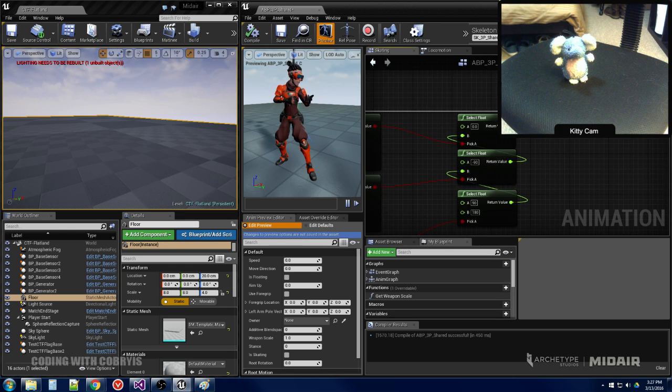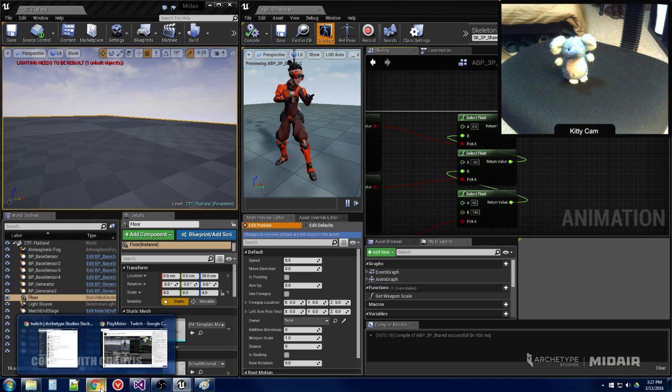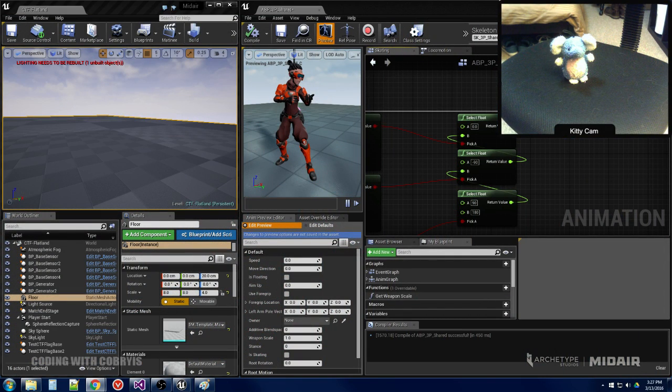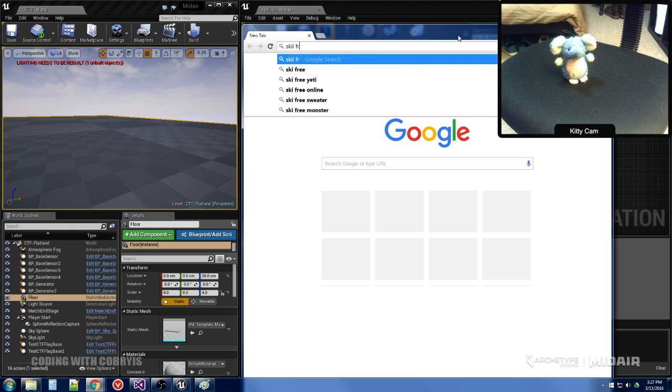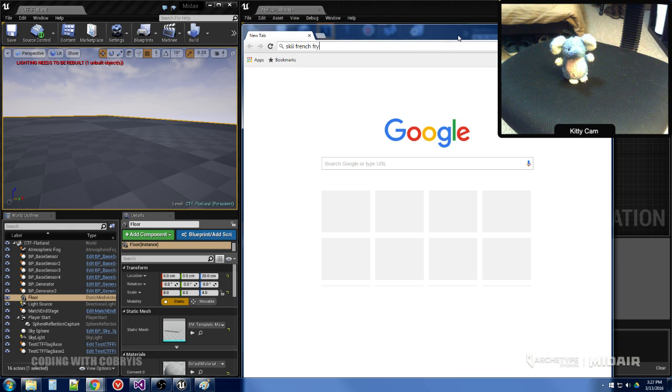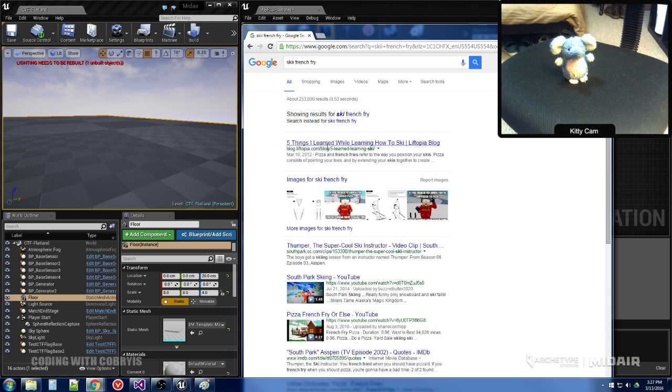Right, so we have the move direction. Next, we need to set our... Isn't that a term? Maybe I'm thinking of a joke from a TV show. Was it South Park? I don't know.